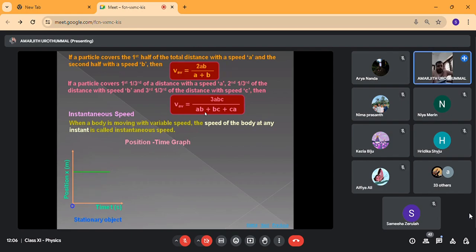Now, if the position time graph is like this, a horizontal line, it represents that the time is changing, but there is no change in position. That means the object is at rest.